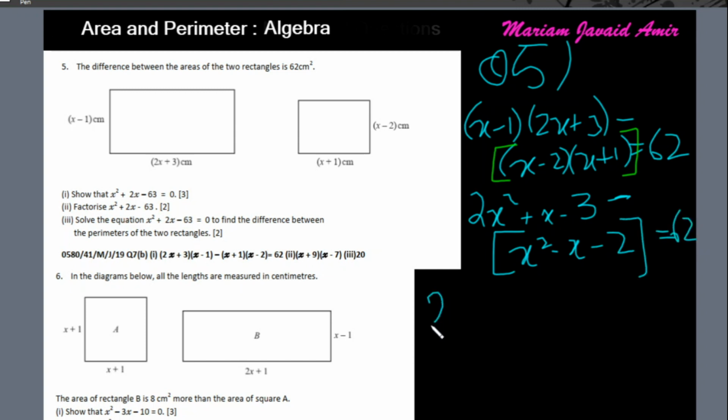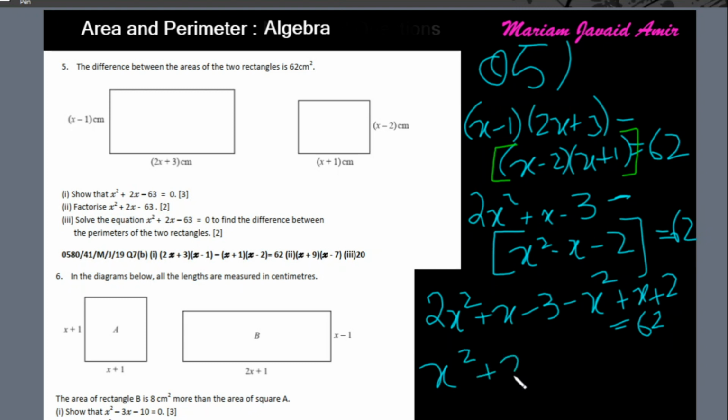Now I'll open the bigger brackets. 2x square plus x minus 3 minus x square plus x plus 2 equals 62. So this becomes x square plus 2x minus 63, and we've shown what was required.